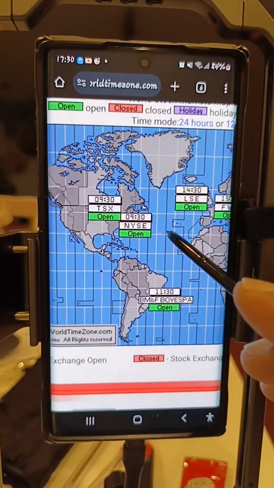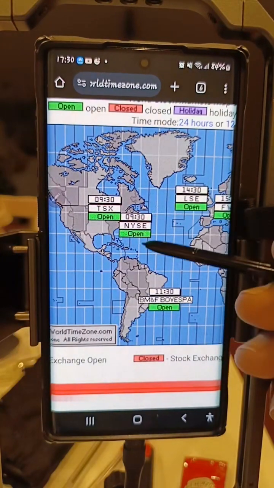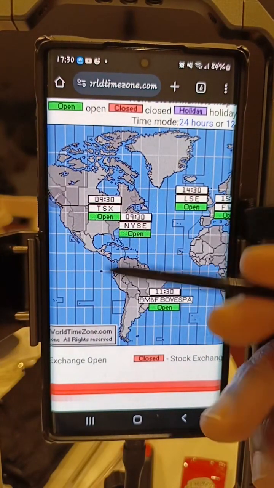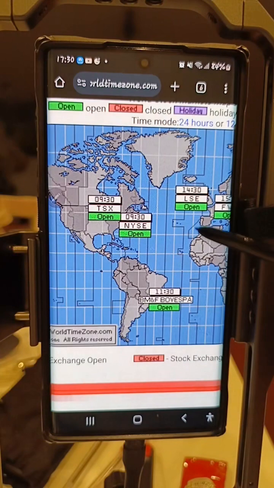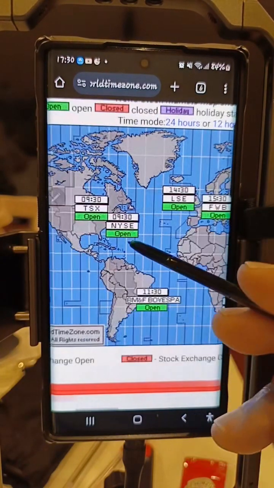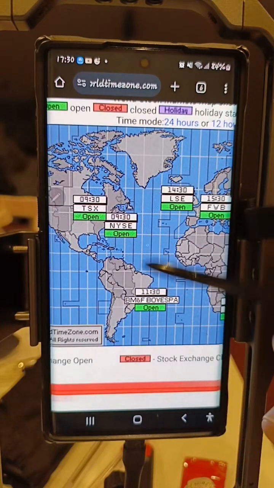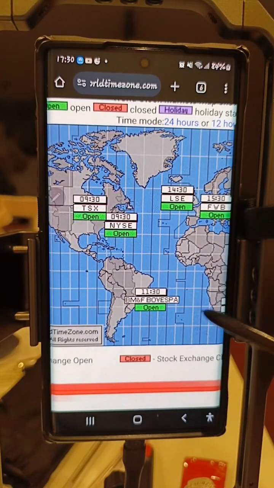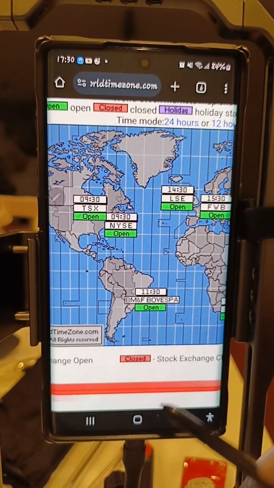Basically, the US market is now open. So this is a busy time where you've got the overlap between London and New York.